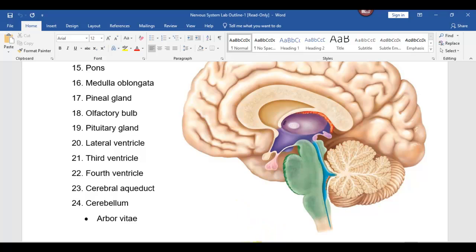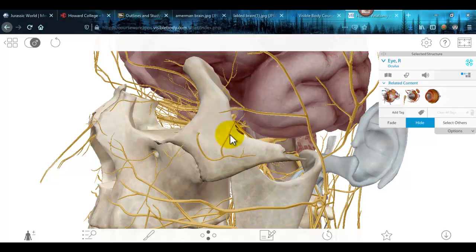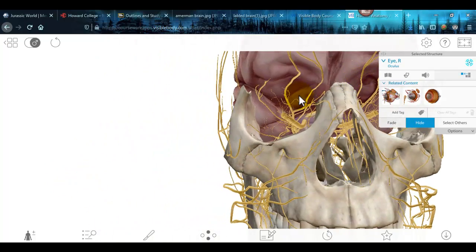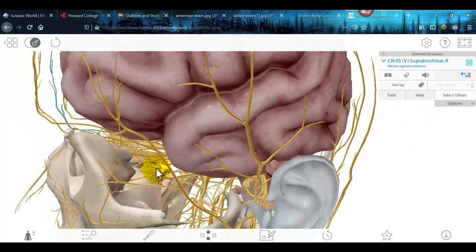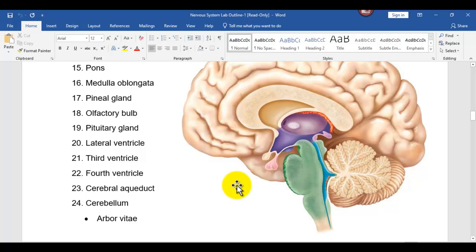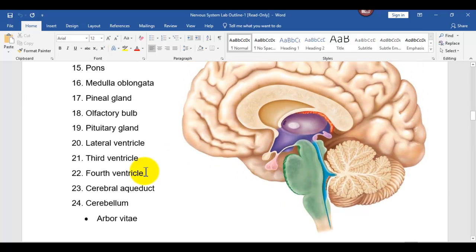The olfactory bulbs, they're for smell. They're underneath the front of the brain. Unfortunately, it looks like visible body, even visible body is not. There's the orbital. Anyways, they come off the very underside of the frontal lobe. Once again, can't find a good diagram of it. Obviously, I'm not going to ask you of it.